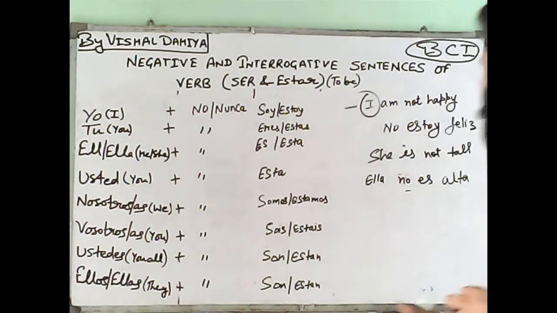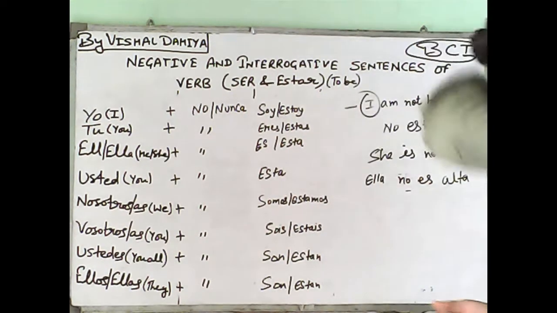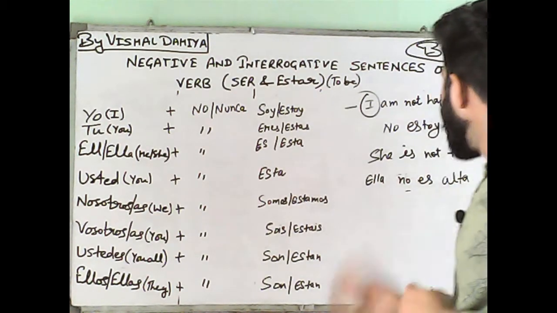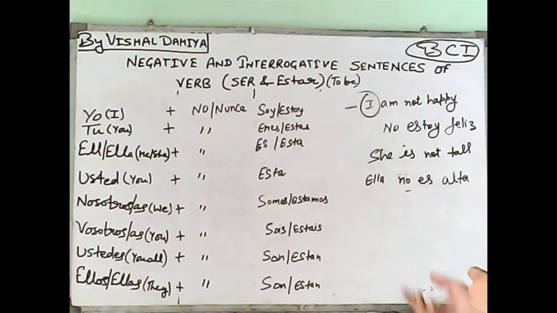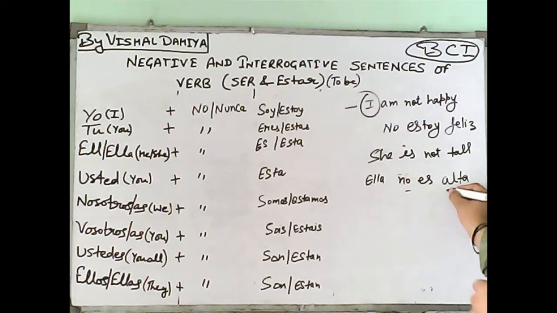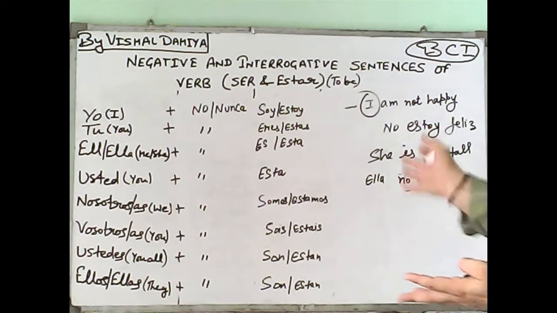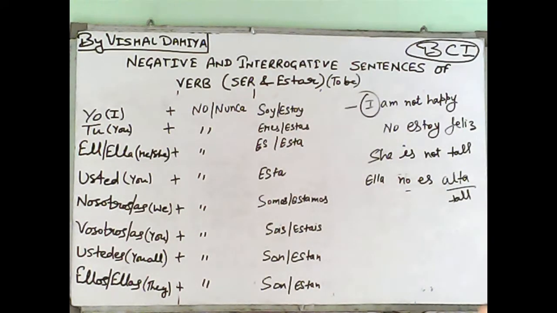Alto means tall, but it is used for the masculine gender, and if you want to use it for the feminine gender, you will use alta. Alta means tall, or taller, you can say. So ella no es alta.